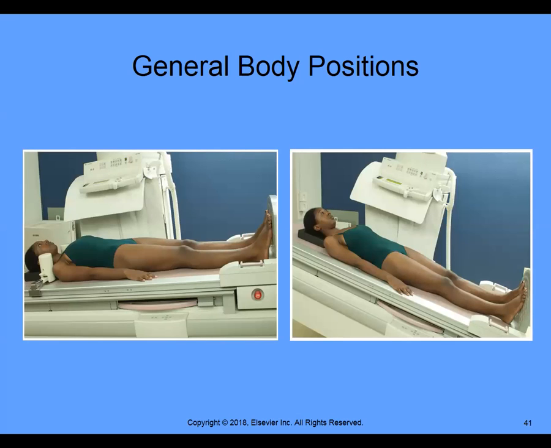Again, I'm going to put this one as 1, this one is 2. And for this patient, the legs are elevated higher than the head. And so she is in the recumbent position with the body tilted, with the head lower than the feet. So this one is a Trendelenburg.